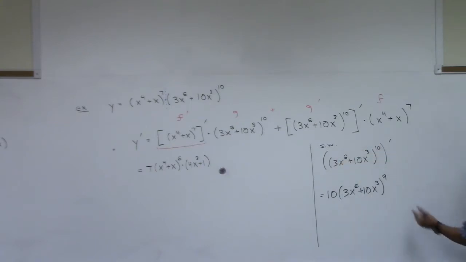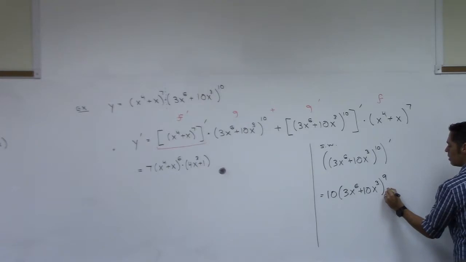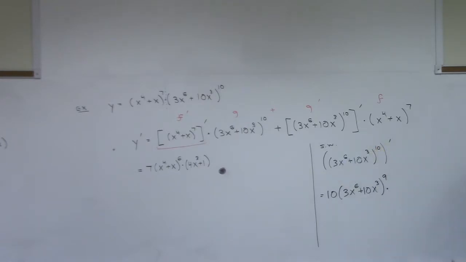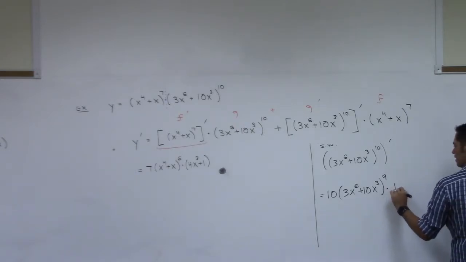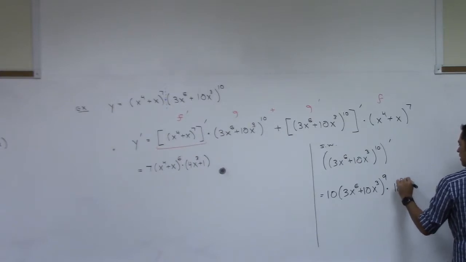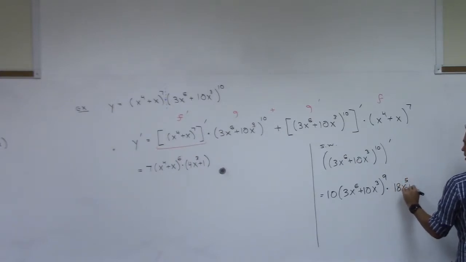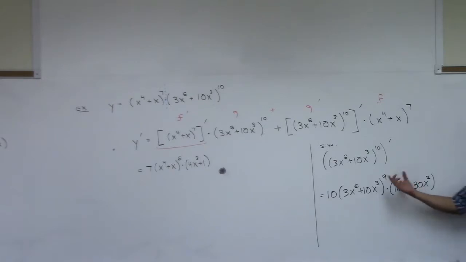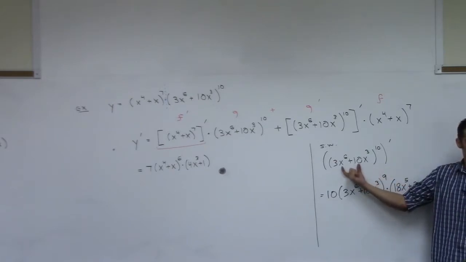And then I need to tack onto this with multiplication the derivative of the water bottle, which was what? What is it? 18x to the 5th plus 30x squared with parentheses. That's the derivative of the inside.